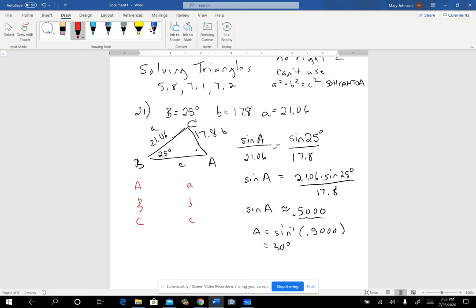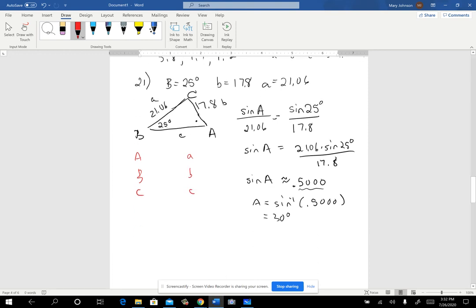Now what you've got to be careful about is this. This was the tricky part about the law of sines. It seems like a super easy process, but your calculator, you now know a little bit more than you did before. The calculator, when you do inverse sine, gives you an angle within the first or the fourth quadrant. Well, this angle that was 30 degrees was over here in the first quadrant, but there's an angle that could also be an angle in a triangle in the second quadrant.